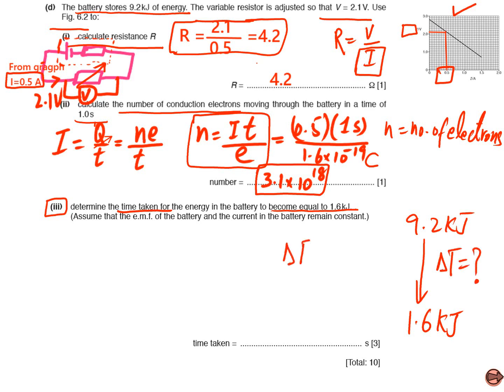We need to understand that delta E is equal to P times time, and the power of the battery in this case is equal to EI. If we multiply with time, we will get energy.